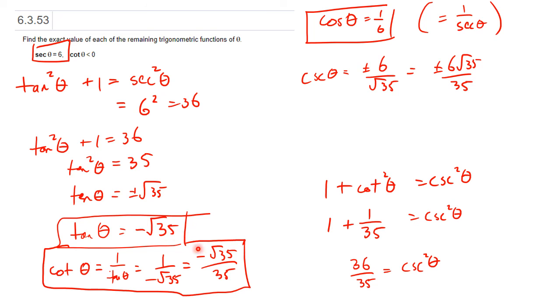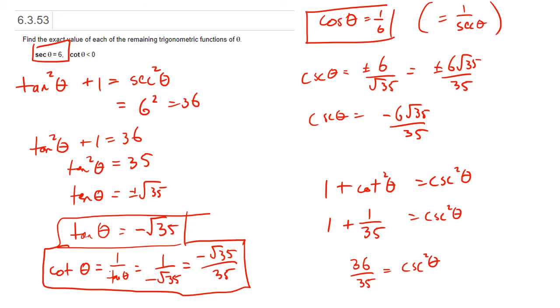So since cotan and tangent are both negative, between sine and cosine, one is positive and one is negative. Since cosine was given to be positive, that means the sine function is negative, which means 1 over the sine function is also negative. So cosecant is negative. So cosecant theta is negative 6 root 35 over 35.